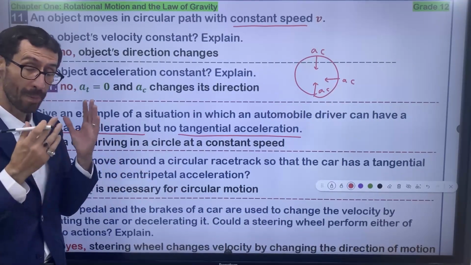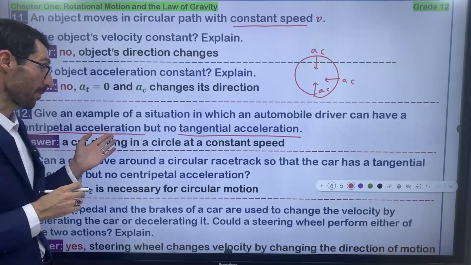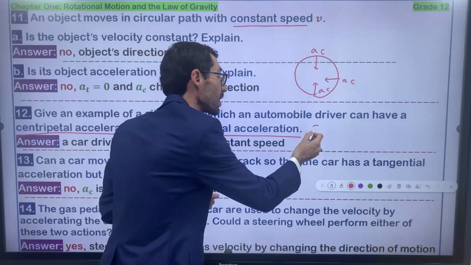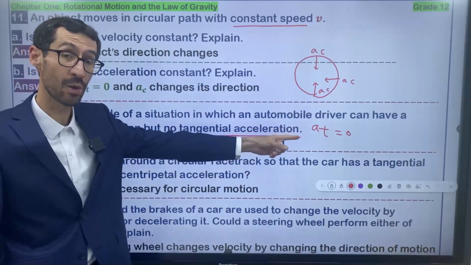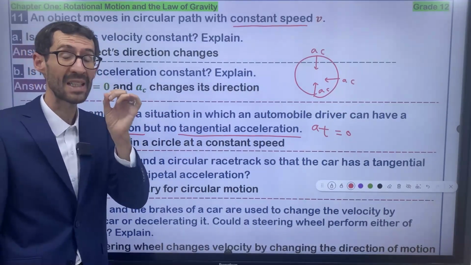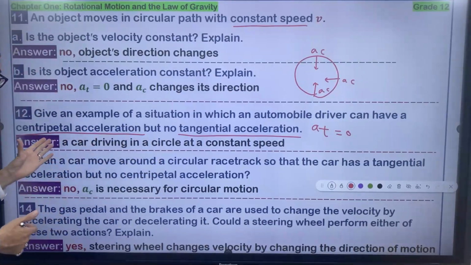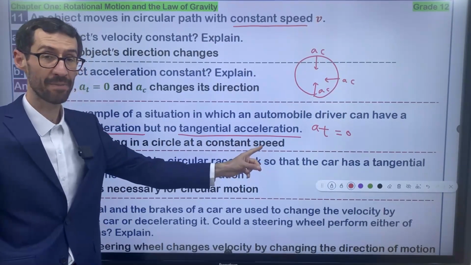It's true, the path gives the object centripetal acceleration. But think about the situation in which AT is equal to zero: when the object's speed is constant. So this is the answer: a car driving around a circle at a constant speed.